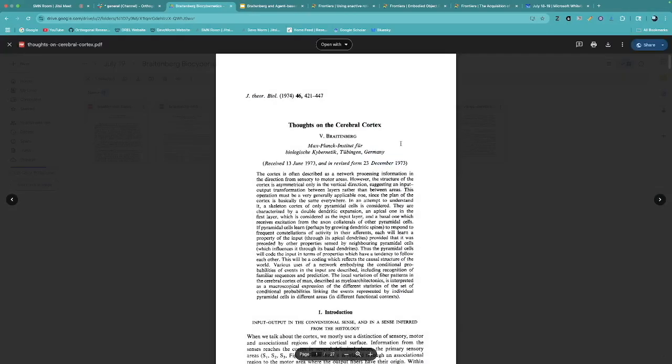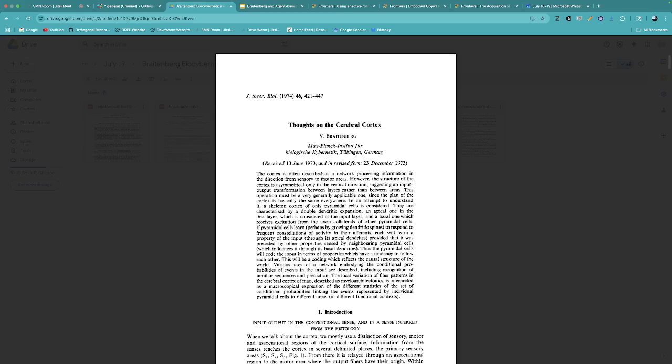He also has this other paper from 1974, Thoughts on Cerebral Cortex, talking about his thoughts on cortex. So this is where he thinks about it as an input-output system, much in the spirit of cybernetics. Input-output means you have a sensory input, you have some sort of output, and then that gives you behavior. So I'll just read the abstract here.